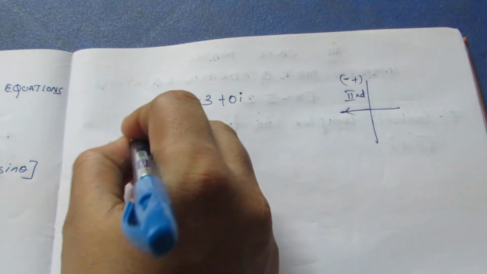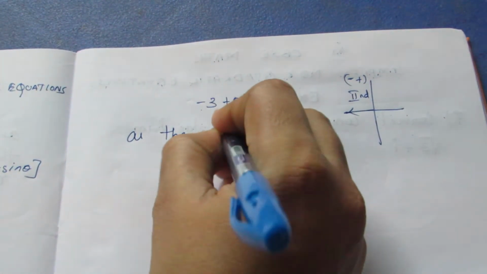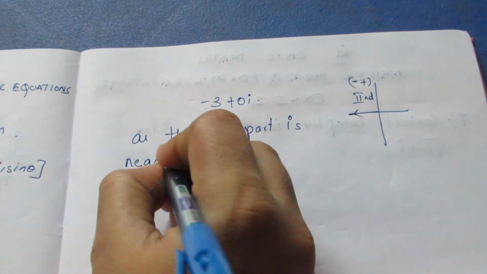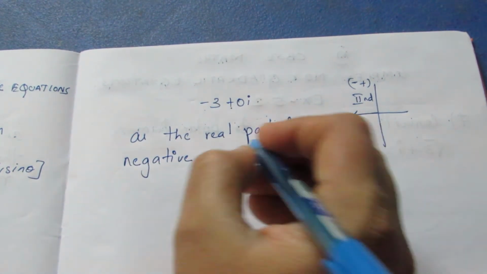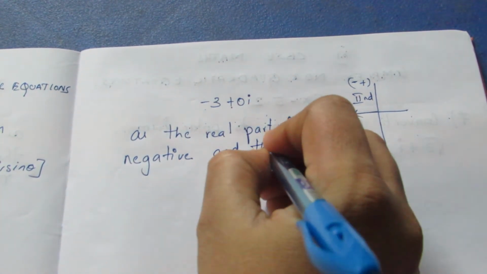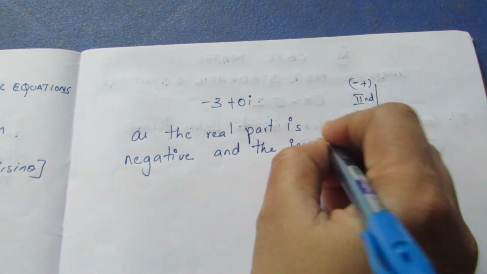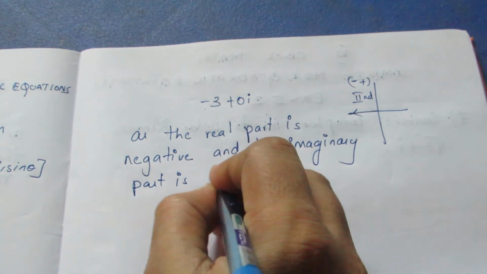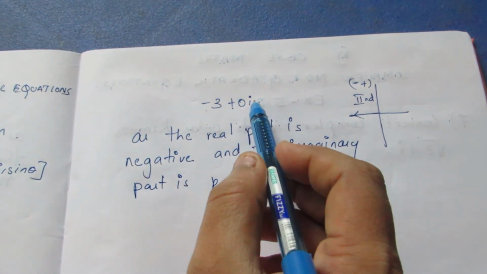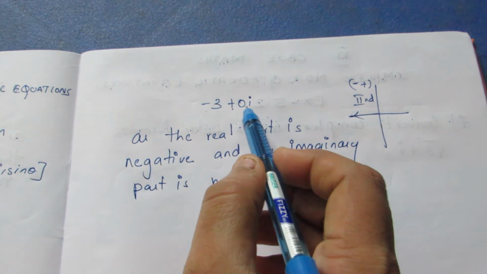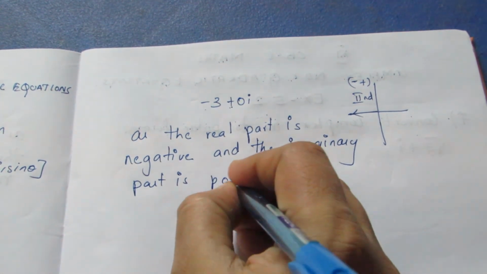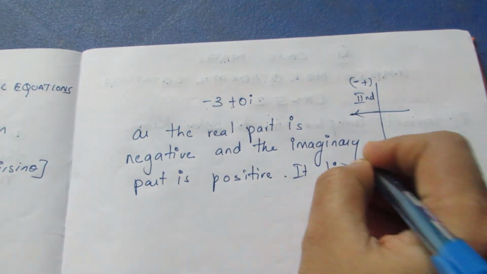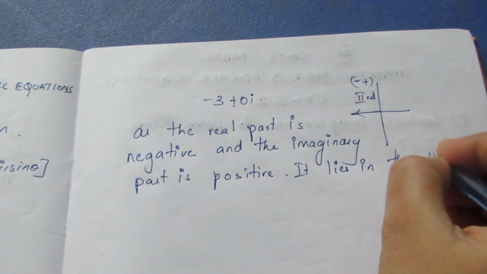Now as the real part is negative and the imaginary part is positive, we have taken this 0. I always take, if there is a 0 you are going to add, always take it to be positive. It lies in the second quadrant.